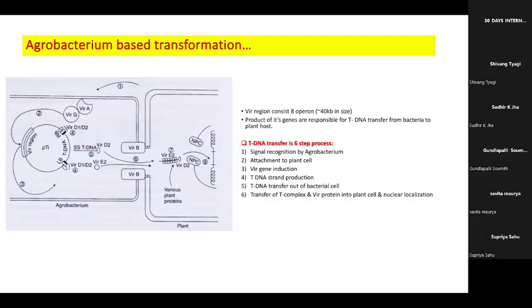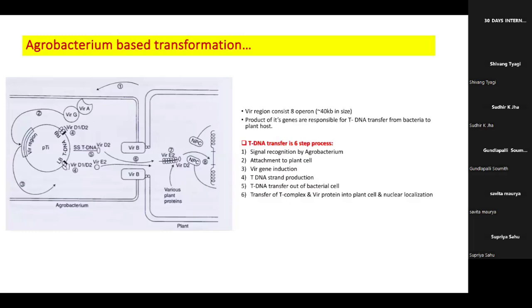Any plant which is wounded, in nature or whenever you do genetic transformation, will release some chemicals, sugars, and specifically a chemical named acetosyringone, a phenolic compound.